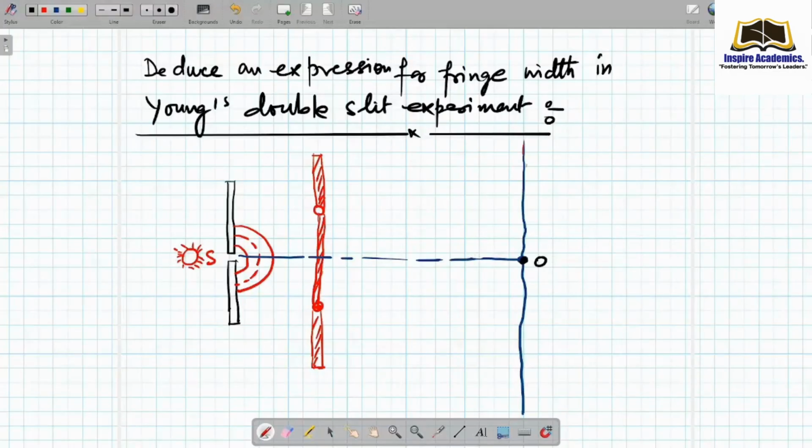Now let me put a point here, P, and this is source 1 as well as this is source 2.